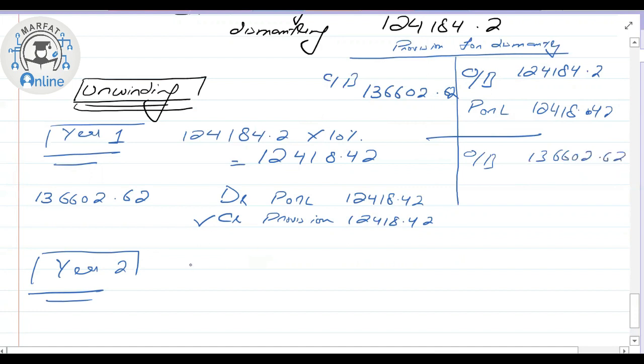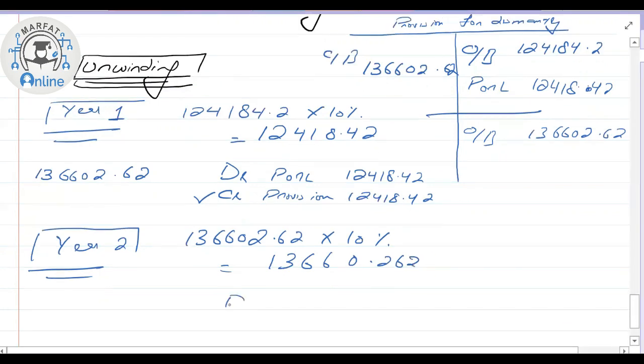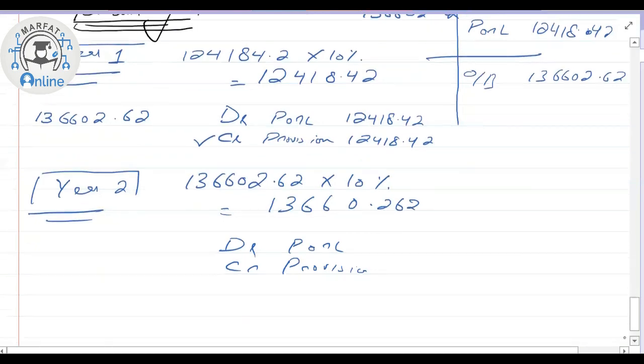Now again we do the same thing. 136602.62 multiply by 10%, it gives you 13660.262. Now again we pass the same entry, debit profit or loss, credit provision with the same amount.